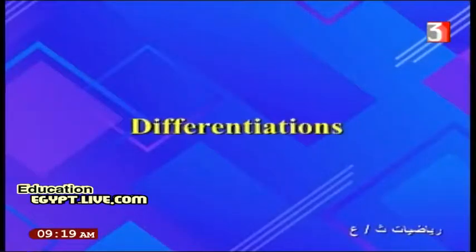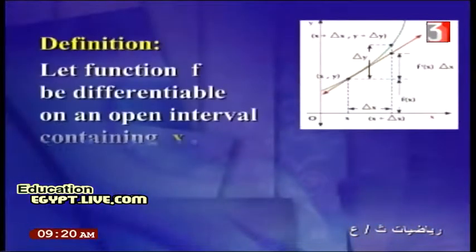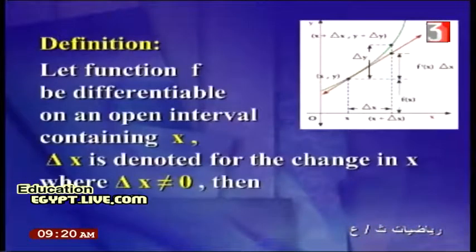We start with differentiations. Let function f be differentiable on an open interval containing the value x, and delta x is denoted for the change in x, where delta x doesn't equal 0.